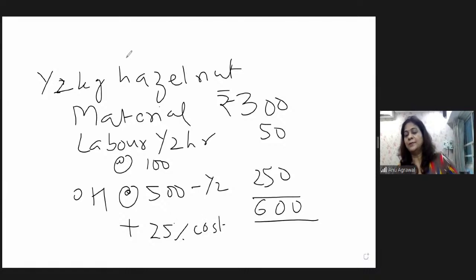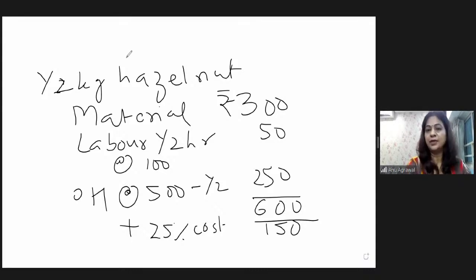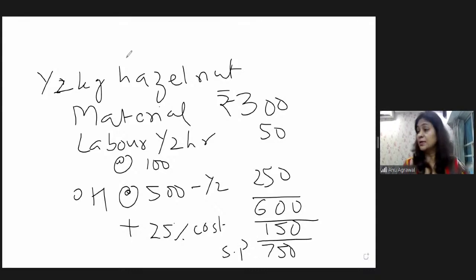So 25% of 600 is going to be 150. 600 into 25% is 150. 750 is the selling price. Similarly, I can do it for my mud cake. So I hope, Krishna, I have answered your question. You're clear? Thank you so much.